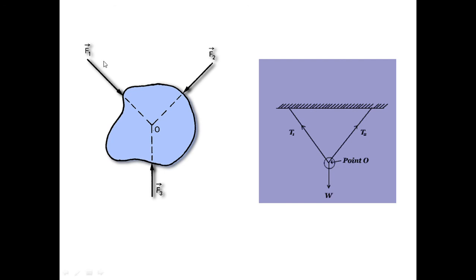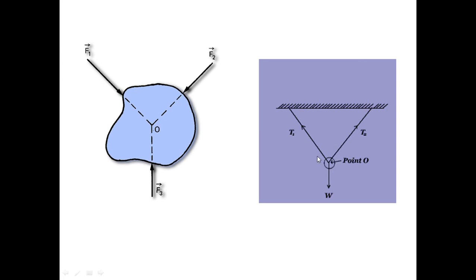The lines of action of the three forces must meet at the same point. The resultant of any two of the forces should be equal to the third force in magnitude and opposite in direction. Right? So it's given in your textbook.